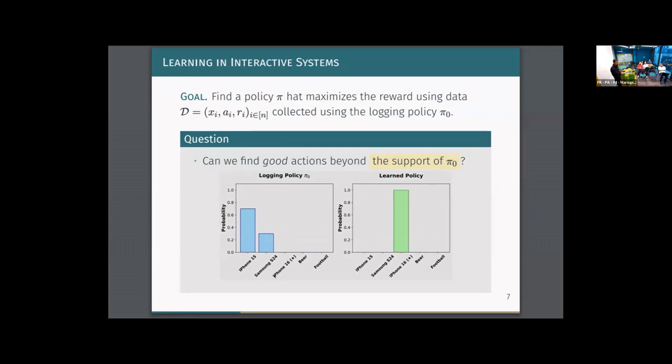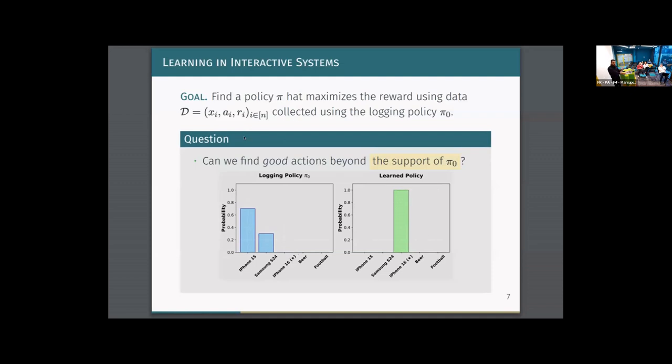But we know that iPhone 16 can be cool, and we wonder if we can learn a new recommender system that goes beyond these two actions that we have in the data, because in logged data we won't have iPhone 16. So we don't know whether it's appealing or not to the users. So this is the main question.